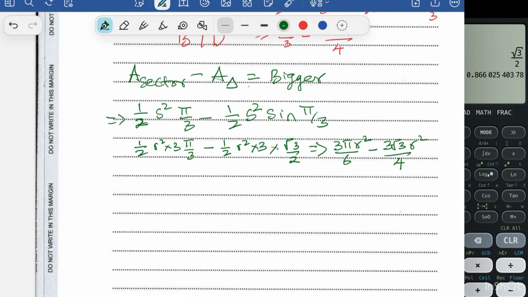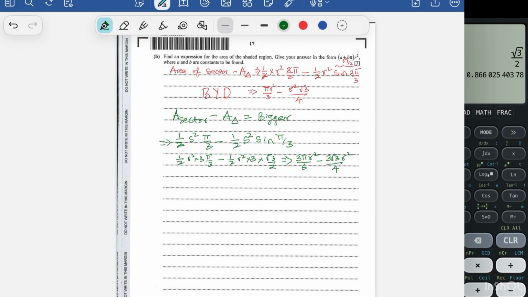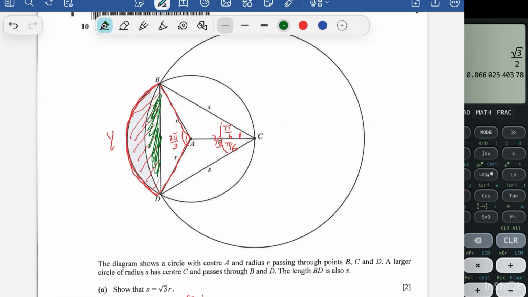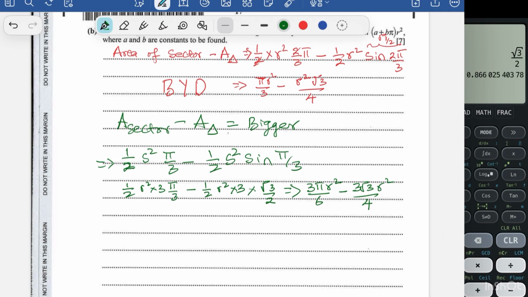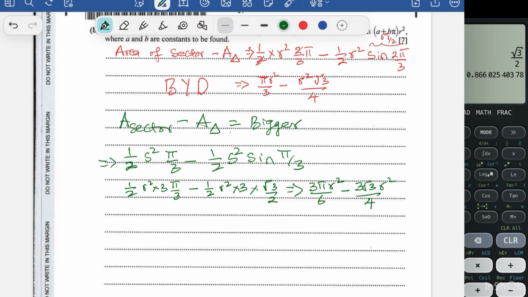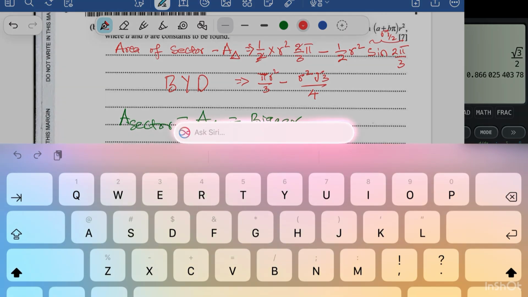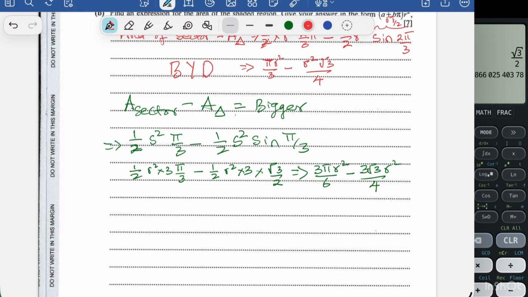Okay, so I hope I've not made any error. All right, so now we need to find the area of the shaded section. So I will just minus the first one and this. That will give me my answer. So I will subtract both of them.